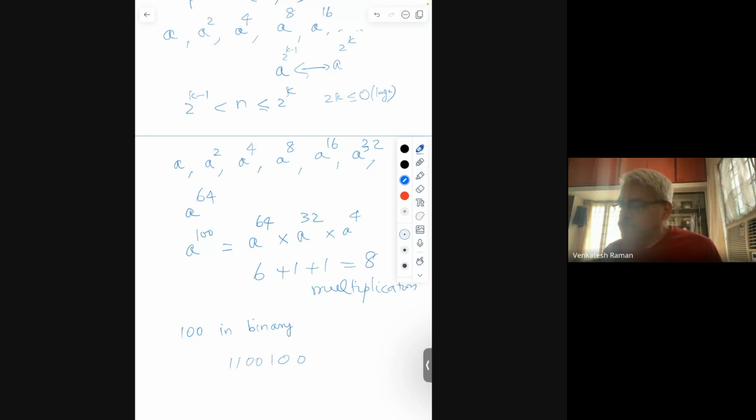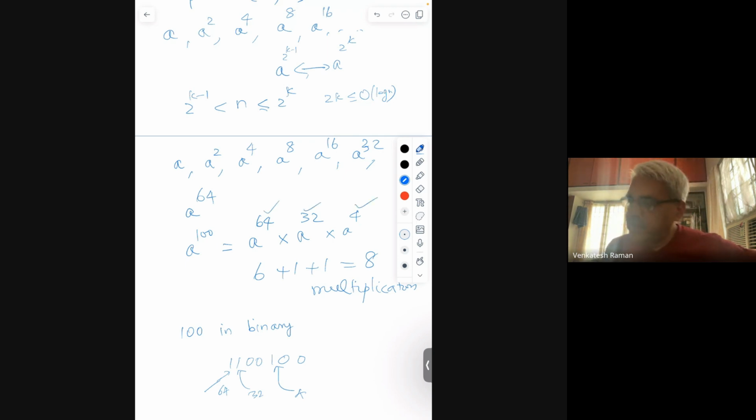Now, how many ones are there? This represents 64, this represents 32, and this represents 4. So those are the terms I'm doing.